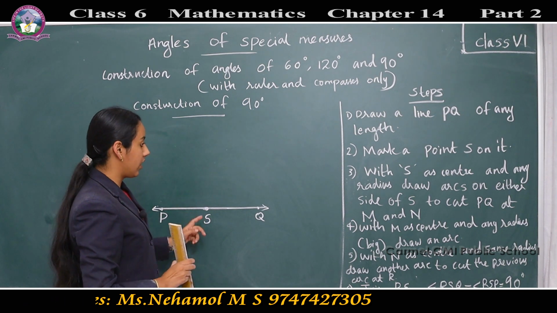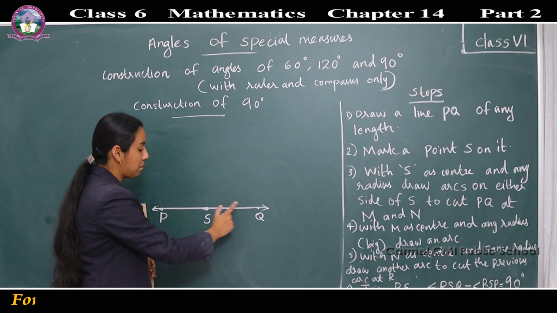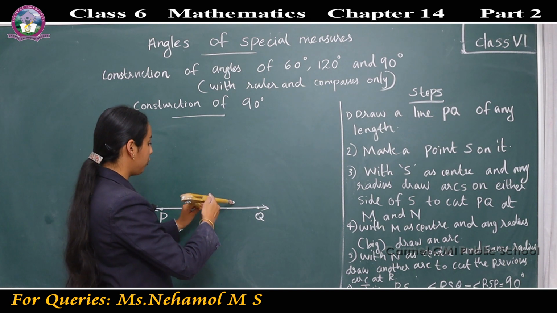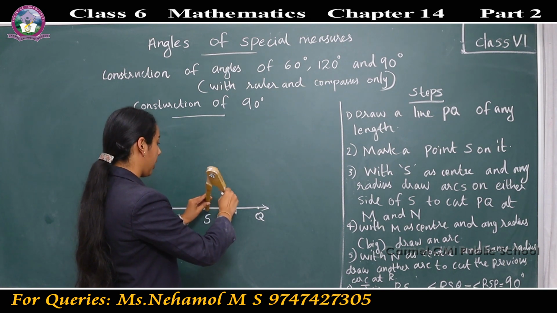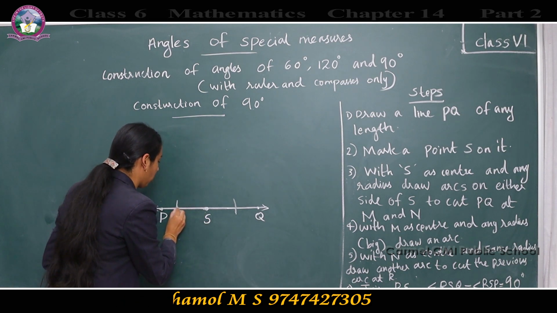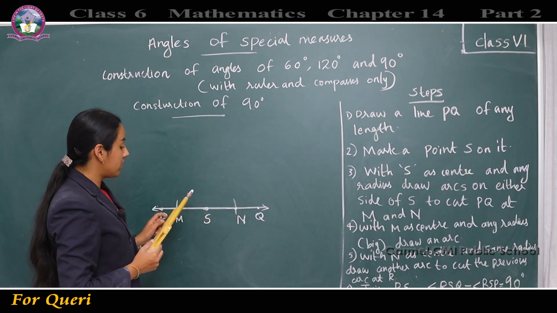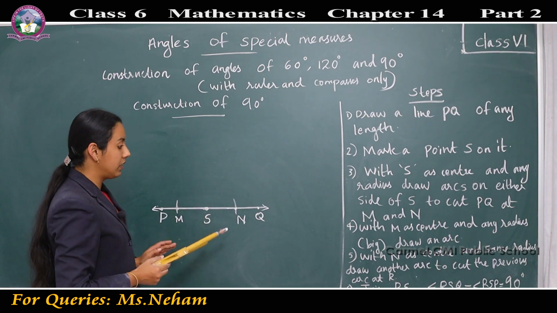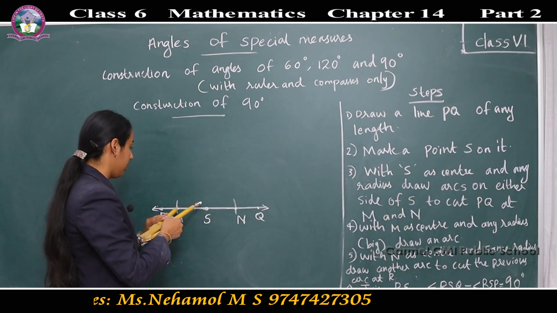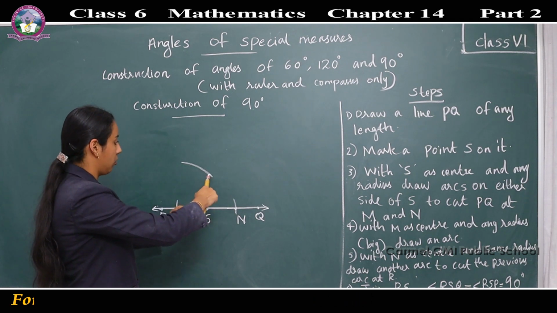Then with S as center and any radius, draw arcs on either side of S to cut PQ at M and N. Let this point be M and this point N. Now, with M as center and a big radius, draw an arc.